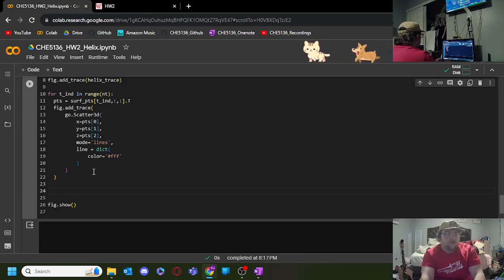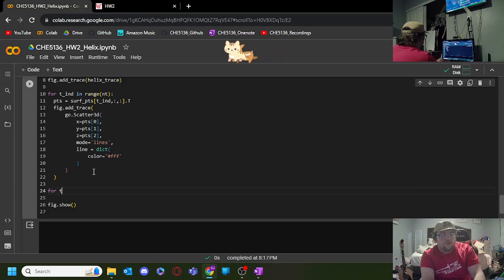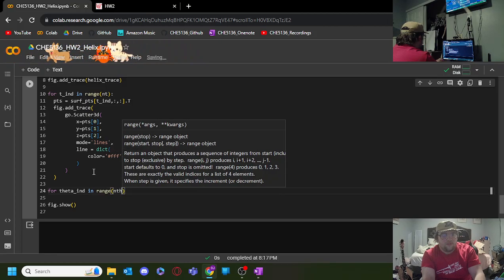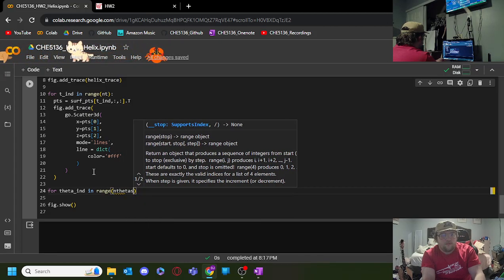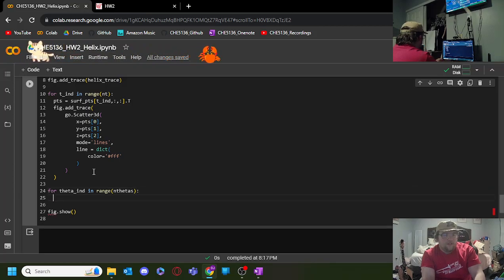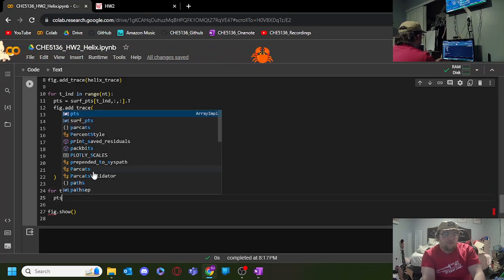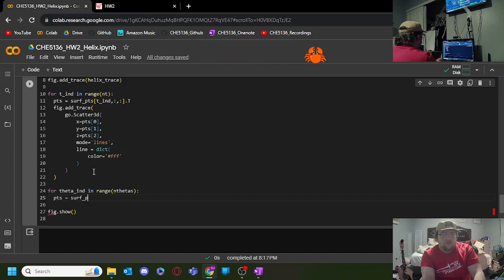So now, instead of doing t index, what we can do is use our theta index. So points equals points.index. Same deal, let's take the transpose of that.